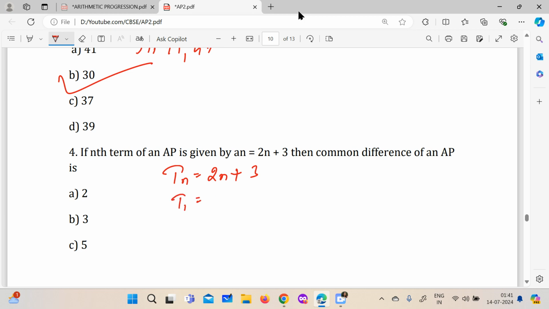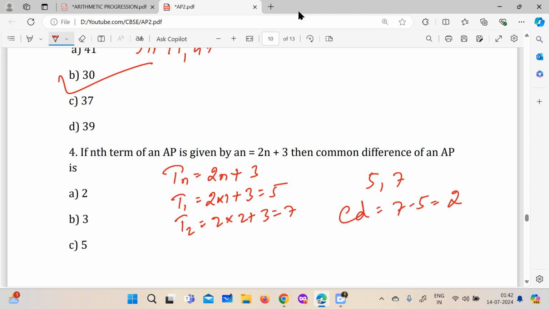T1 will be 2 times 1 plus 3, that is 5. T2 will be 2 times 2 plus 3, that will be 7. So we got 5, 7. So your common difference will be 7 minus 5, that is 2. So we can say this is the answer. Now let's see the next part.